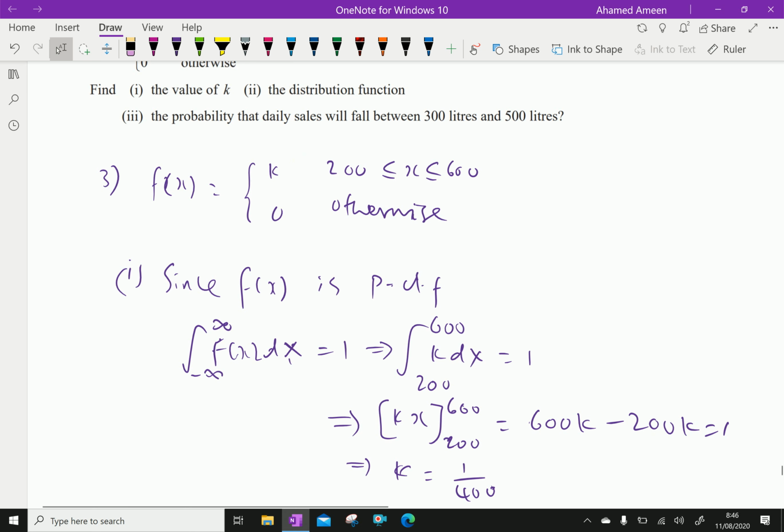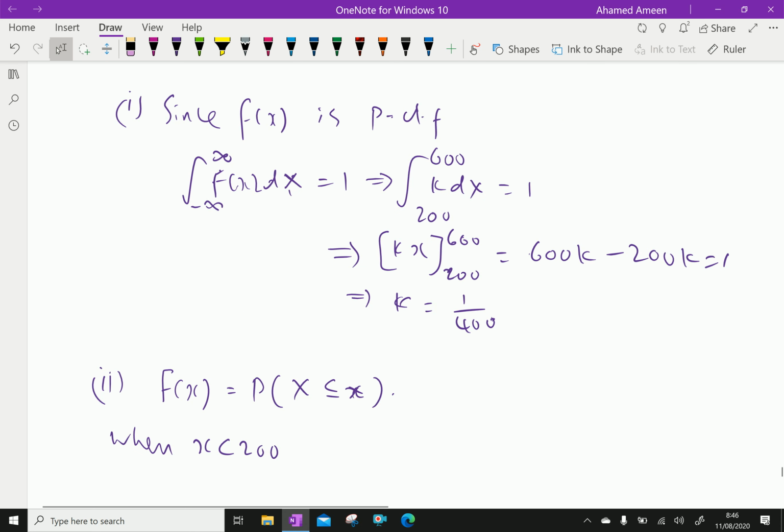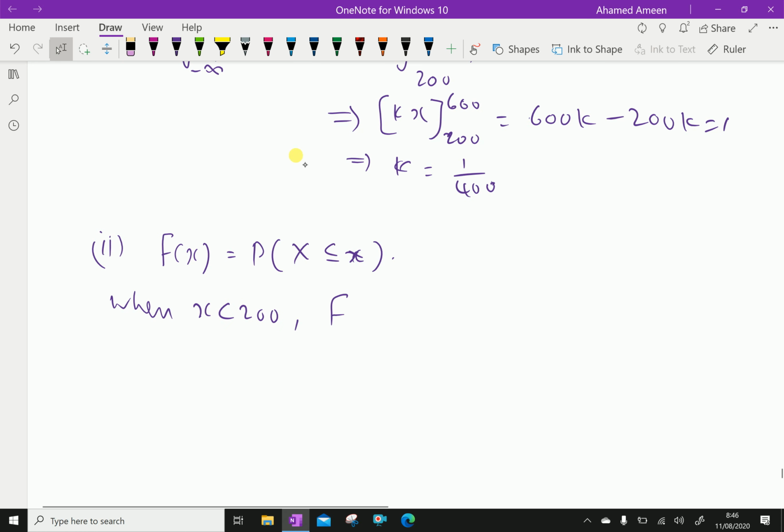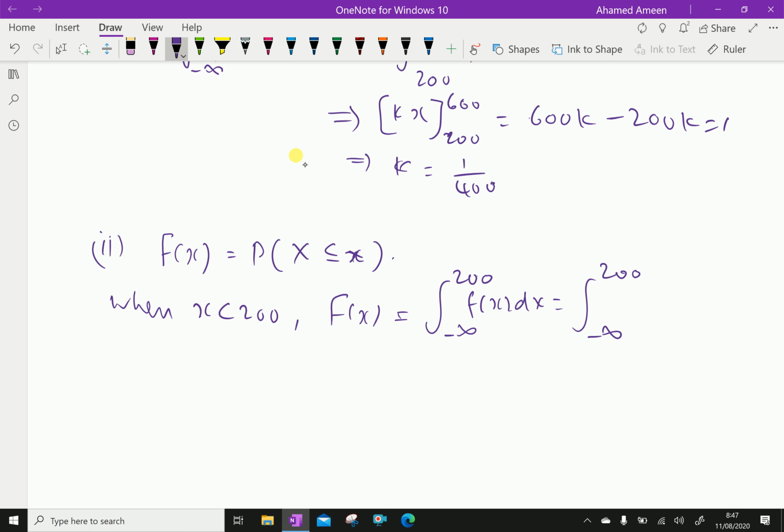Now f of x is 0. F of x equals the integral from minus infinity to 200 of f of x dx, equal to 0, since less than 200 the function is 0, so therefore it is 0.